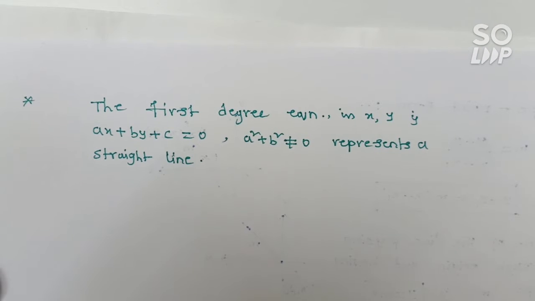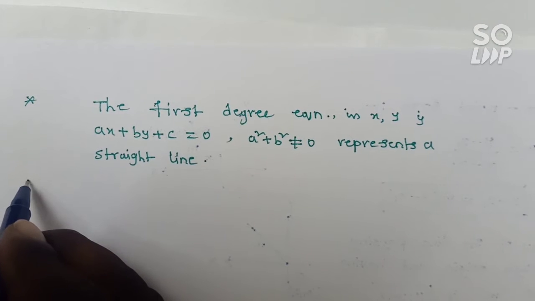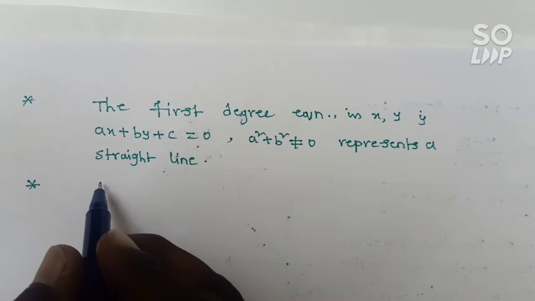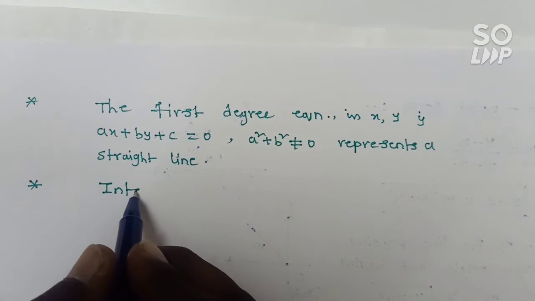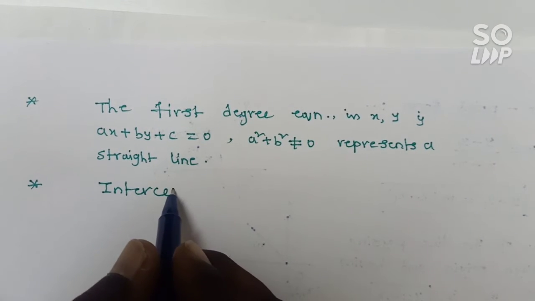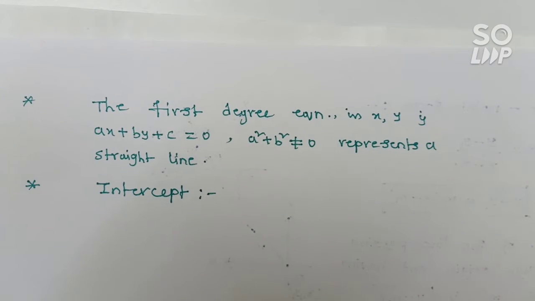Right? So this one is the standard form of the straight line. Okay, now see what is meant by intercept. What is meant by intercept?